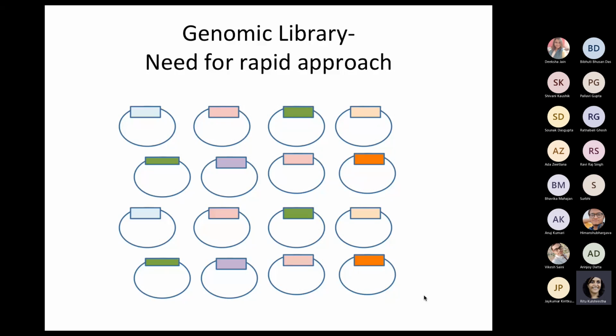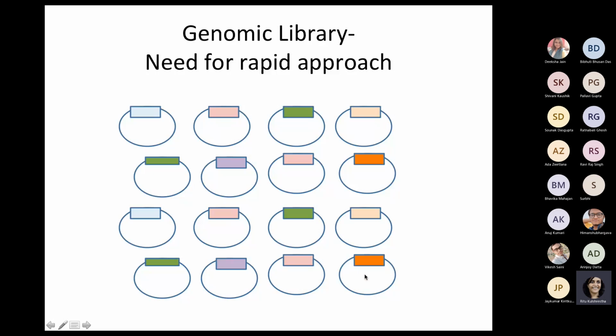Once I put these four together, I will now break this very big contig, which can be a few MBs also, into small pieces by shotgun, and I go for shotgun sequencing.